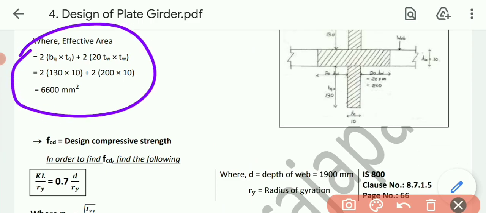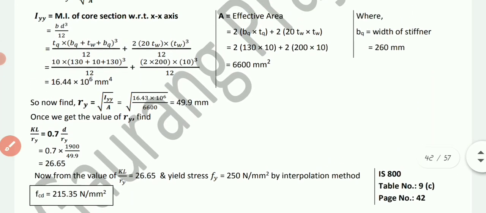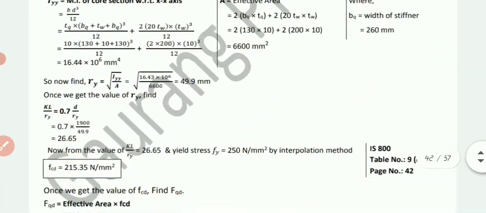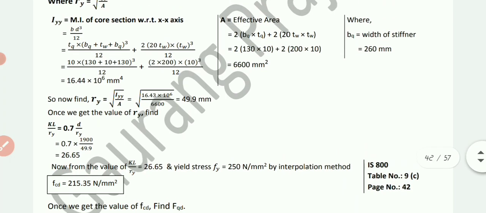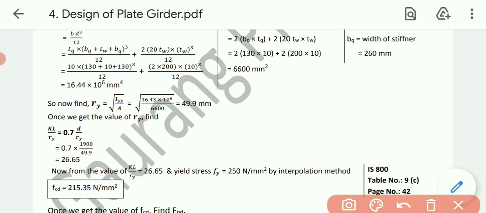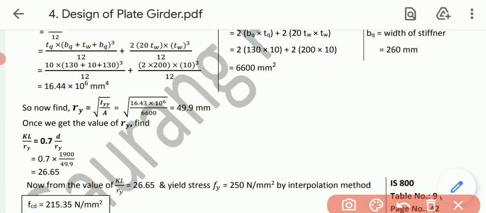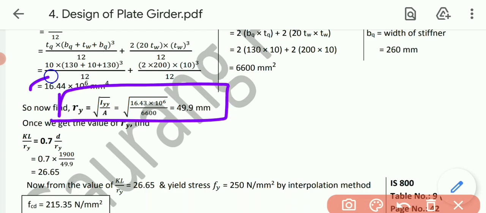As we have got the values of I and A, let's calculate this one. Just a minute. So Ry equals root of I by A, that is 16.44 into 10 raised to 6 over area 6600.